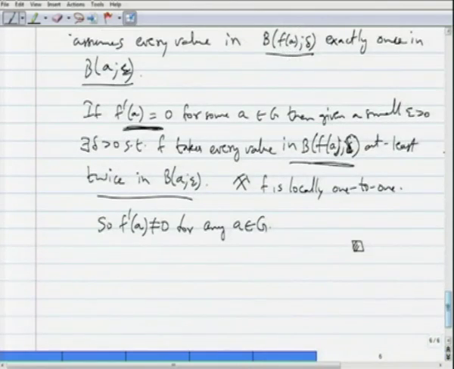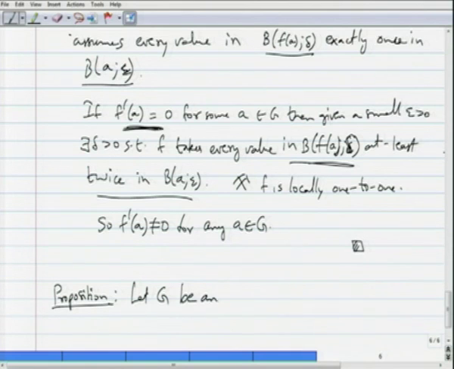So, next we have another consequence that we can speak of. Here is another proposition. Once again, here we are dealing with 1 to 1 analytic functions.